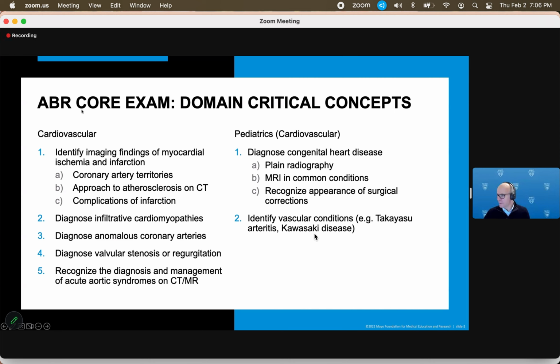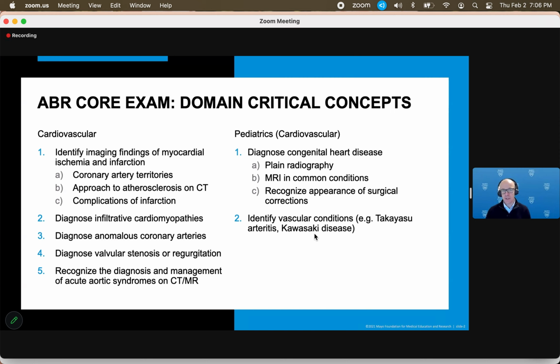If you are not familiar with this already, I would encourage you to review the ABR core exam on the ABR website when you are studying, because they go over all the critical concepts that they feel every general radiologist should know by the time they finish training.